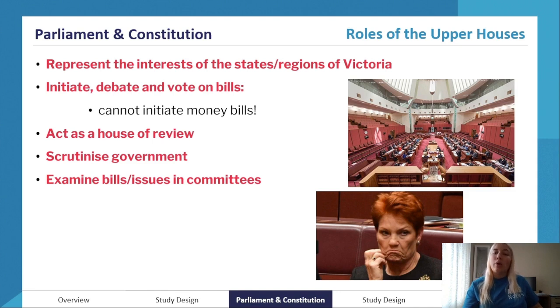Whereas in the upper houses, so let's look at Victorian level, for instance, there is a set number of representatives that will form the upper house from each region that Victoria is divided into. So there is geographical representation when we're looking at the upper house based on distinct geographical areas. That's how we represent the interest of regions of Victoria, not necessarily the people.